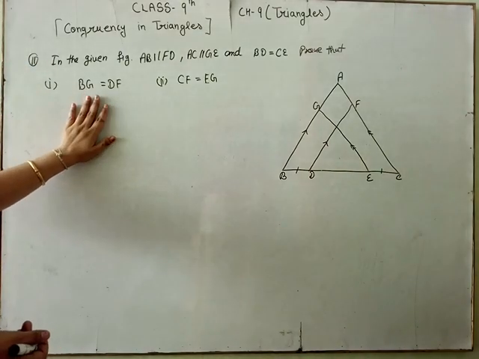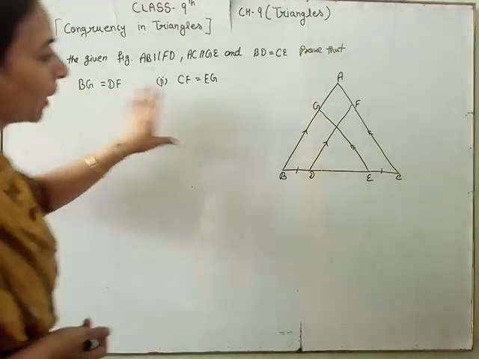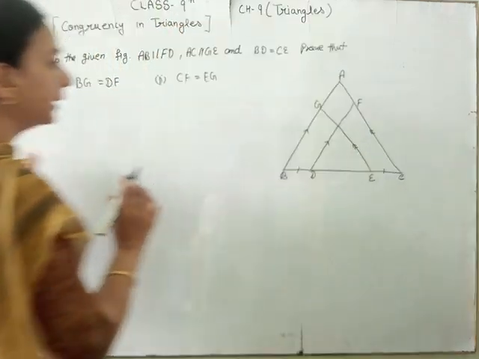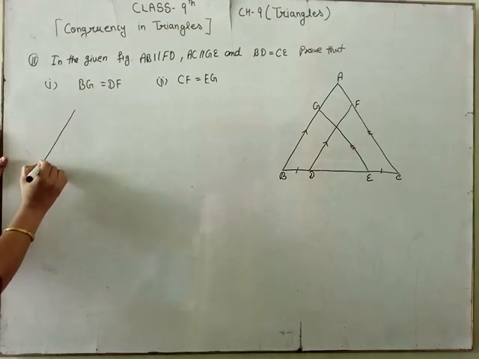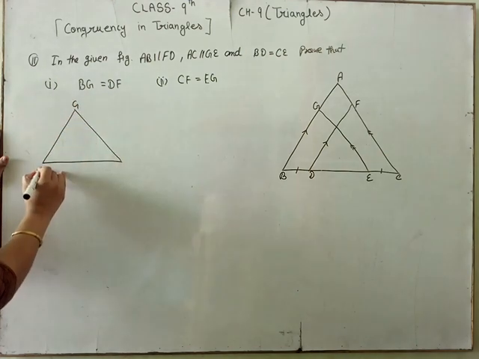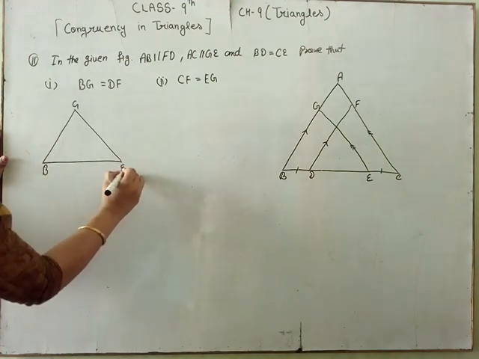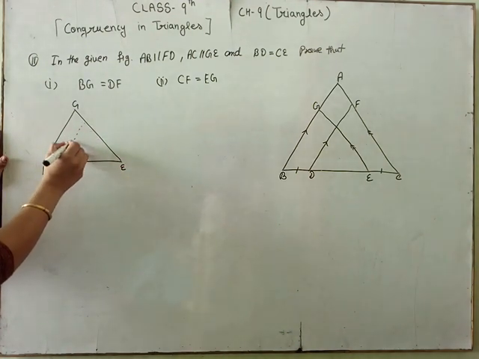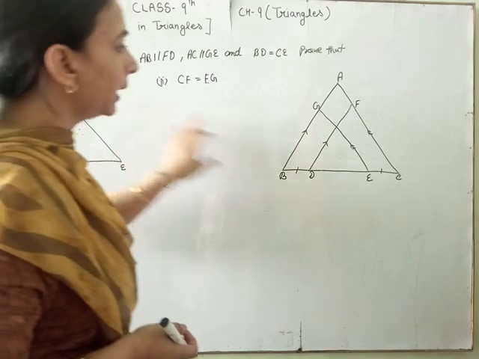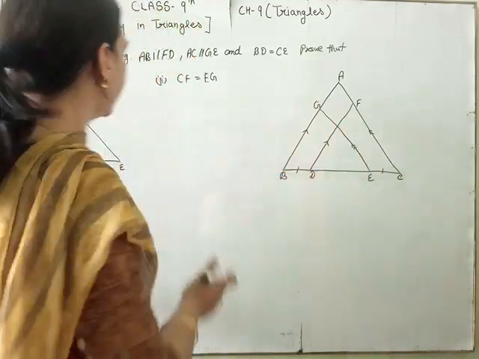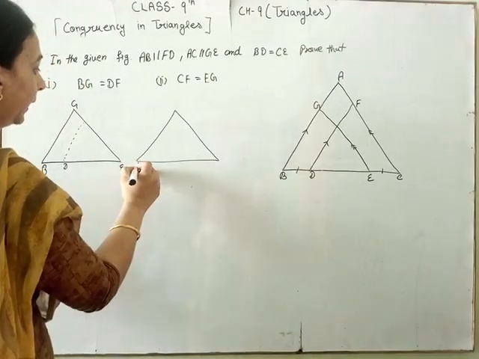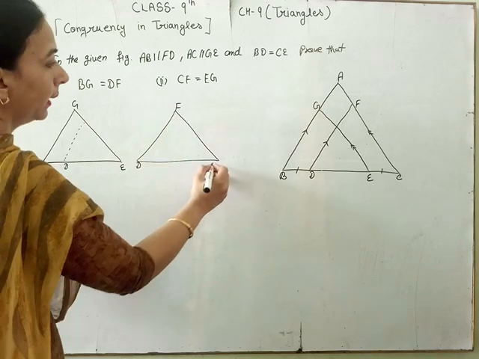Then find two triangles in which BG and DF are used. BG is used in this triangle BEG, and DF is used in this triangle DFC.